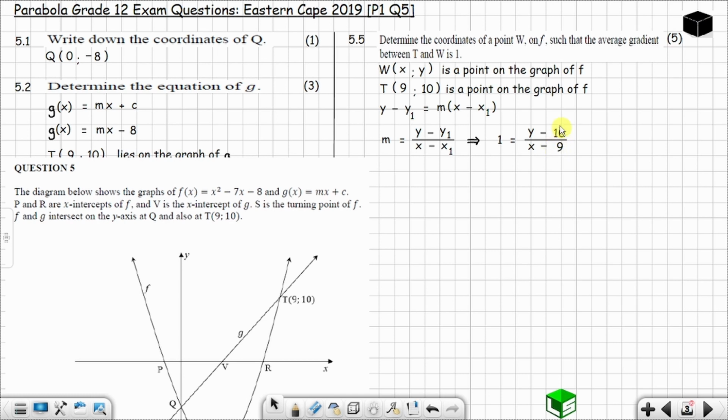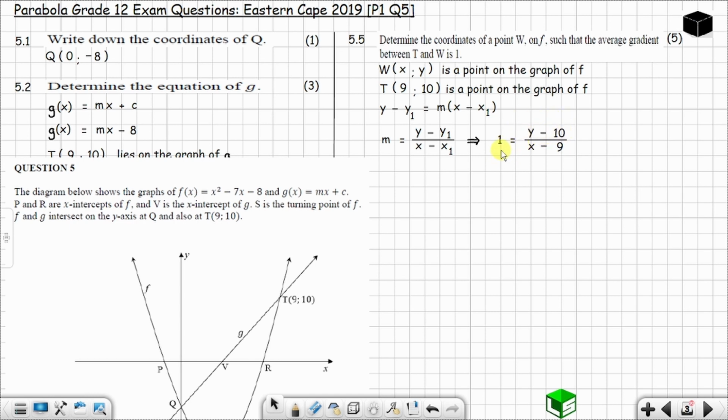So from this, we are going to get the equation of the line passing through the points W and T. We are going to do cross multiplication. Remember, 1 is over 1. We do cross multiplication so that we can get the equation of the line passing through the points W and T. When you do cross multiplication, remember 1 is over 1, so you have 1 times this y minus 10, times 1.